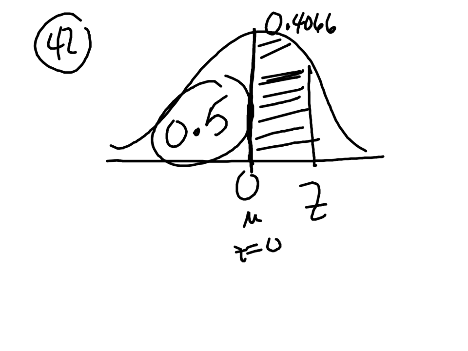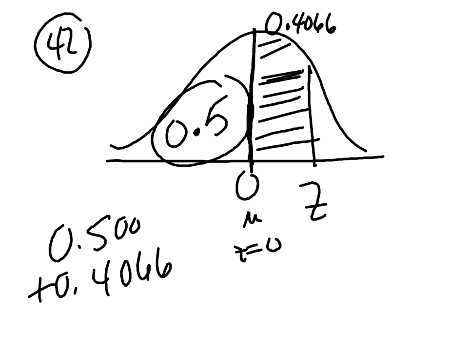So although we can't, with the tables we have, look up the z-value for an area between 0 and our missing z that equals 0.4066, by adding 0.5 and 0.4066, I'll throw some placeholders up there. Now we can get a z-value that is going to help us here.